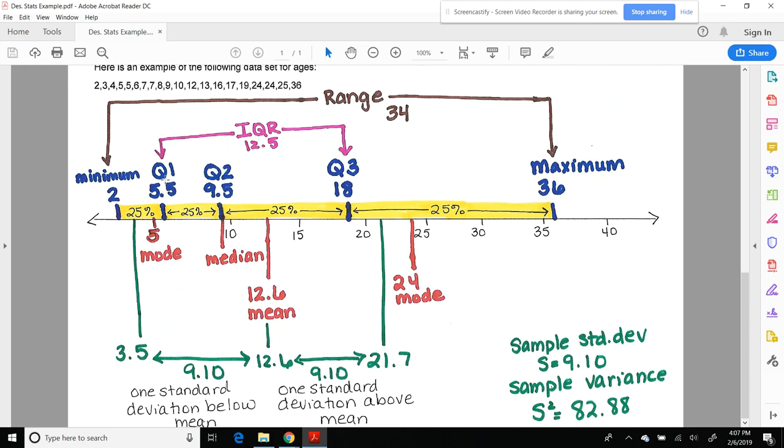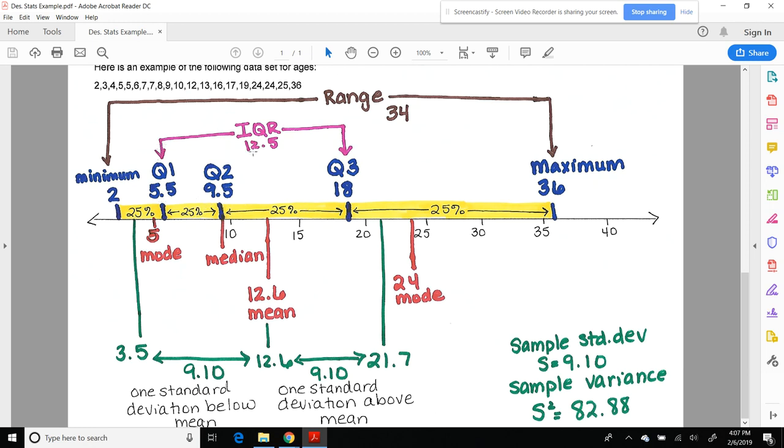The first quartile is 5.5, and I've put that on the number line. The second quartile is 9.5, but if I remember, it's the same as the median. So this line is exactly the same. The median is the second quartile. And my third quartile is 18. So I've labeled those on my graph.